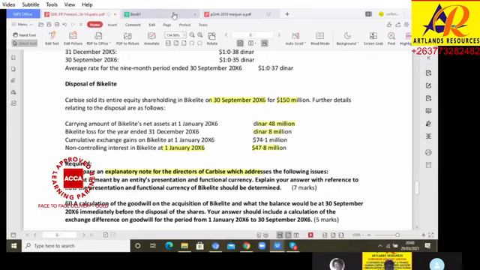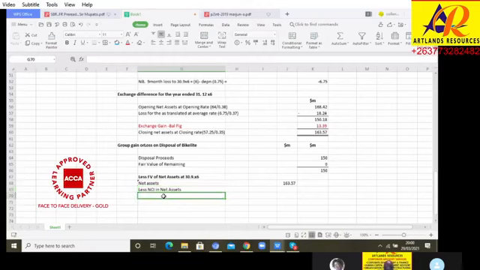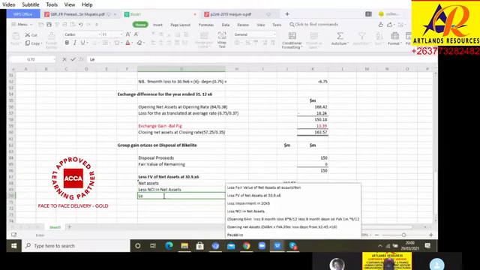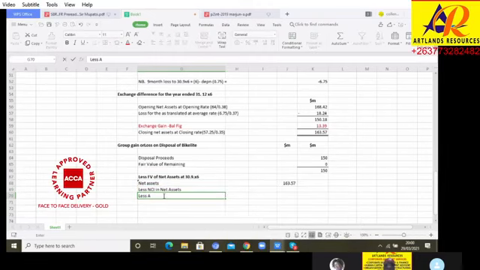So what we then do is even exchange gains. Okay. Then you say less accumulated exchange differences, because you are now disposing the subsidiary.